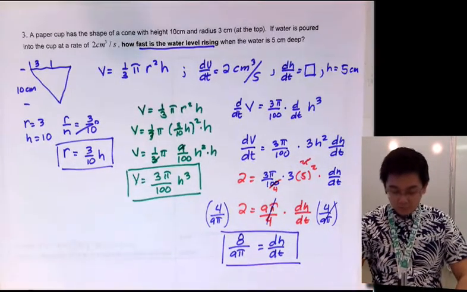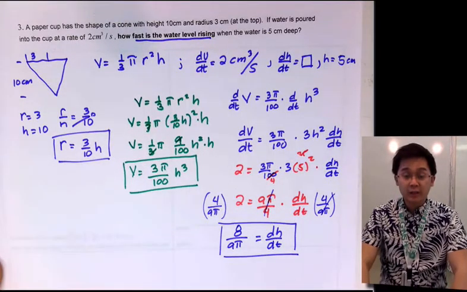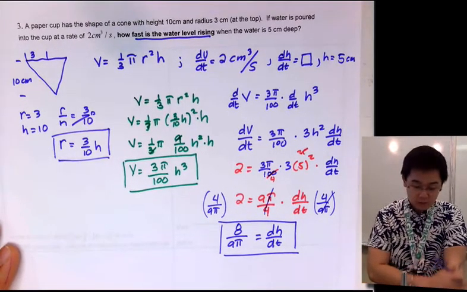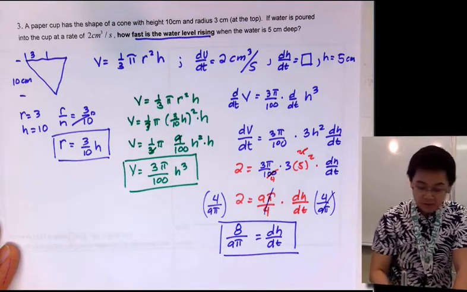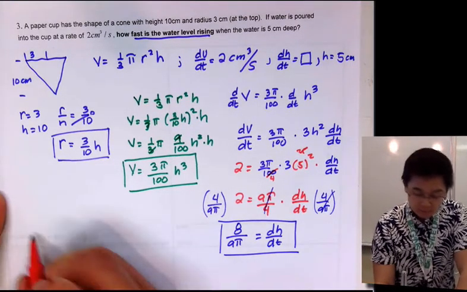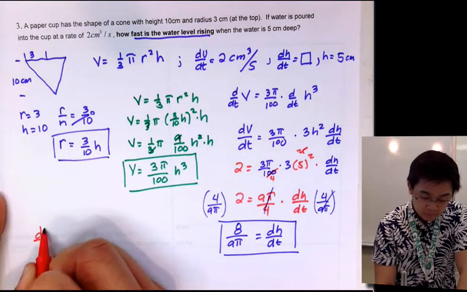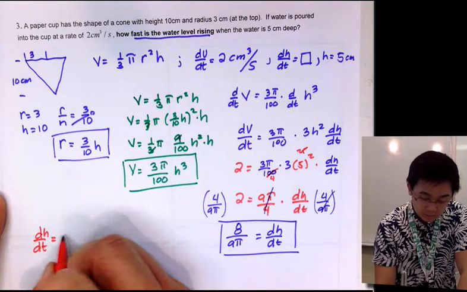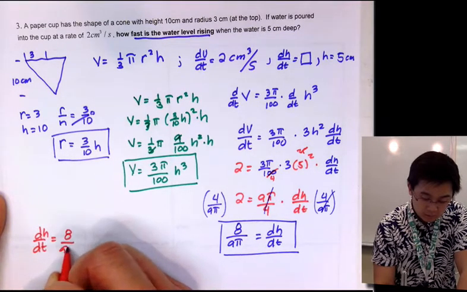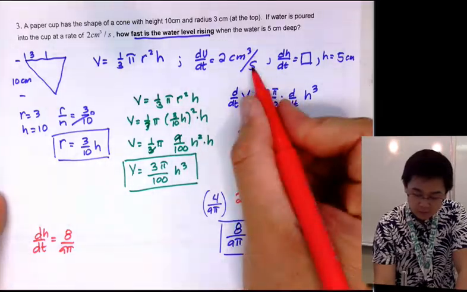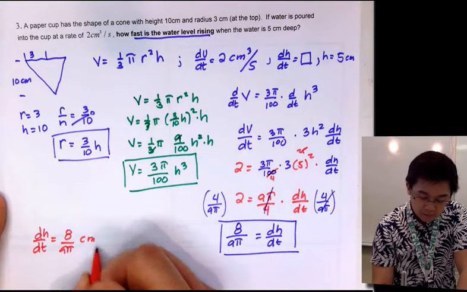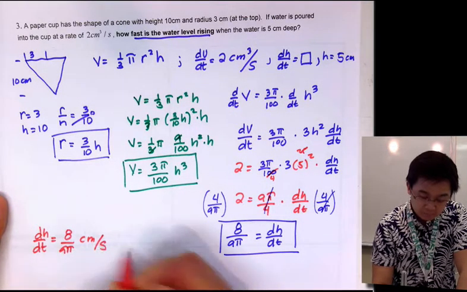And this is now our dh over dt in terms of pi. And to finalize our answer, because we need the units of measurement here, dh over dt is equal to 8 over 9 pi. The unit of measurement is centimeter per second.